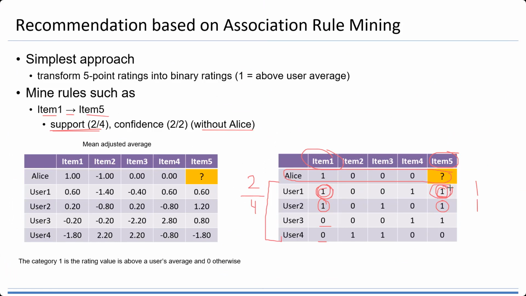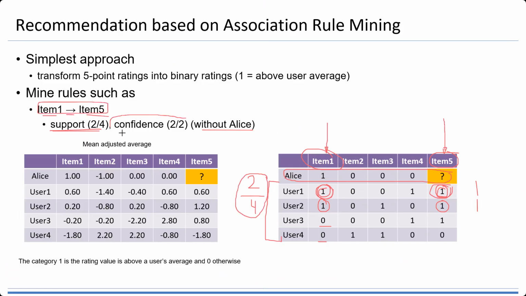So we call this half of the transactions, or 50% of the transactions. It means that the person who gave a good rating on item 1 also gave a good rating on item 5. That's the meaning.